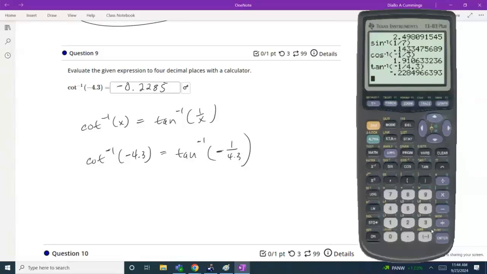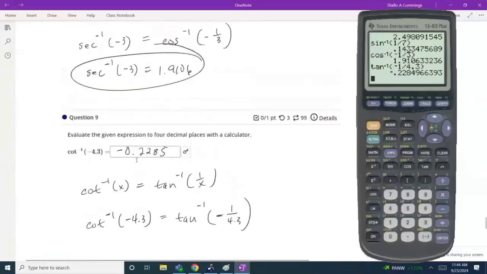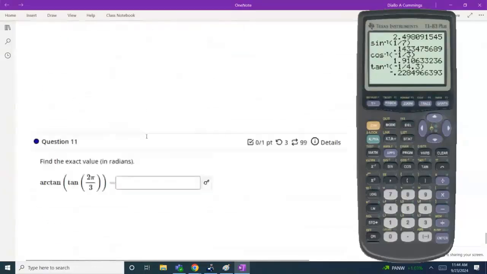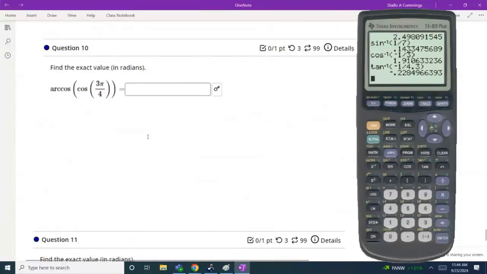All right, any questions about those problems? These say specifically use a calculator. And then the last two problems in this set deal with evaluating some trig functions. Even though this may look confusing, it says find the exact value in radians.